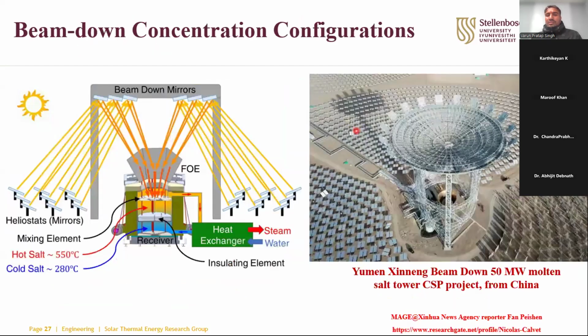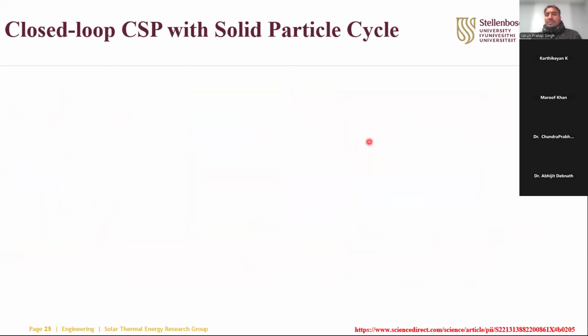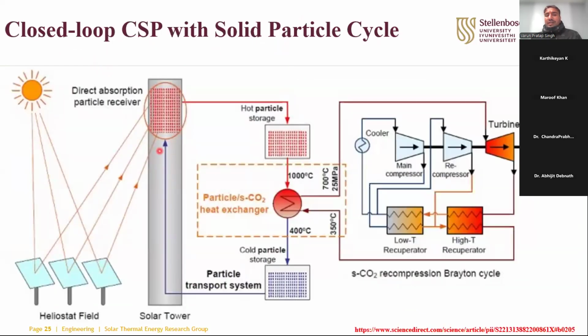And what about the beam down system? This one is a beam down concentrator system. A few studies ask why you are making the tower in a central way, because tower working depends on transfer of fluid from the lower side to the upper side. In this case, it is not 100-meter, but in the previous tower, this one is 100-meter height, because there is a huge solar thermal field.